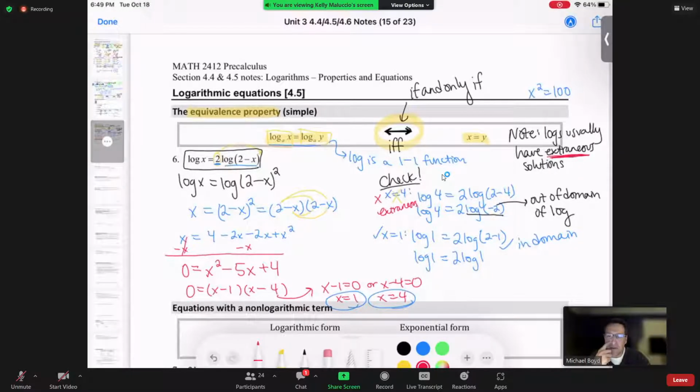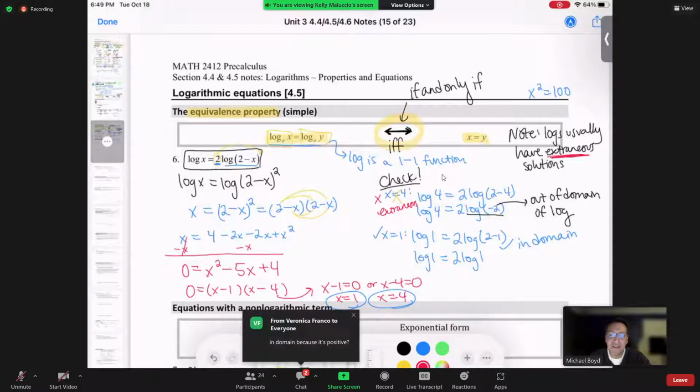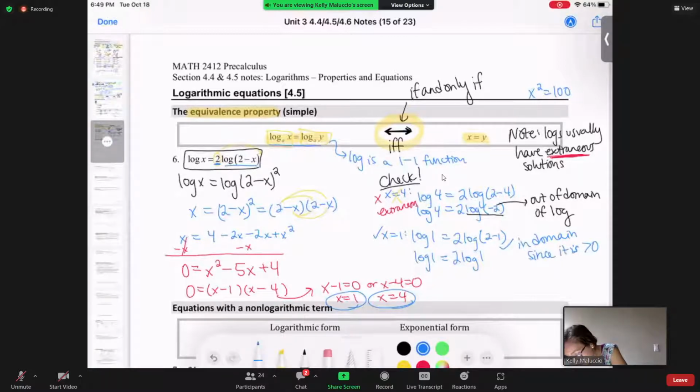Ten to the 0 is equal to 1. So both, they multiply by 2, it doesn't matter. In the domain, yes. Veronica asked, in the domain because it's positive, in the domain since it is greater than 0. It just has to be bigger than 0.